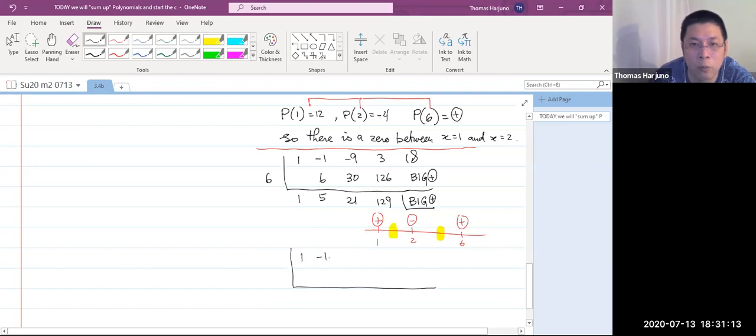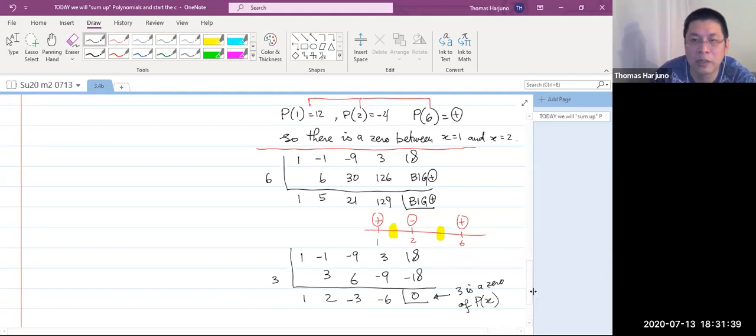1, negative 1, negative 9, 3, 18. Yeah, so from here we see that 3 is a zero of P(x).